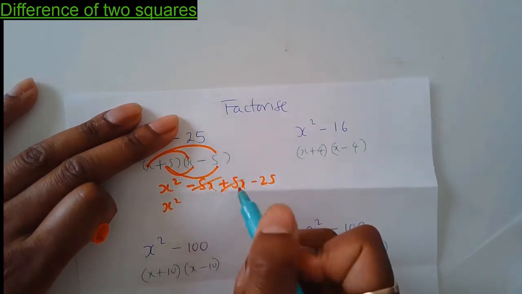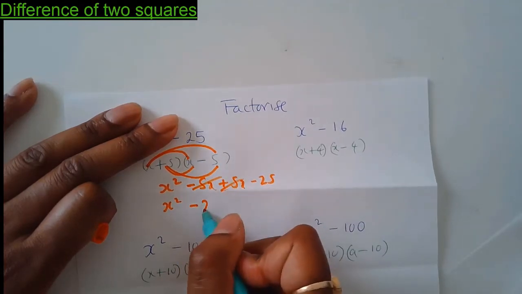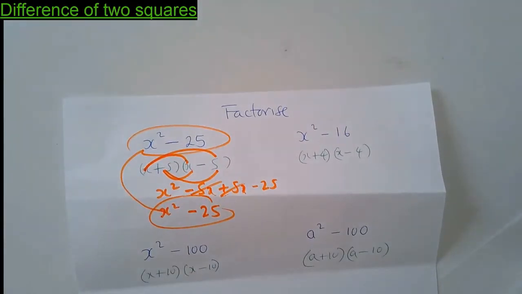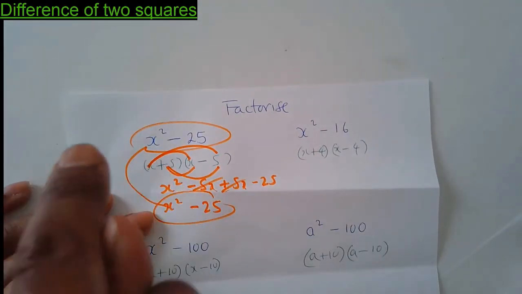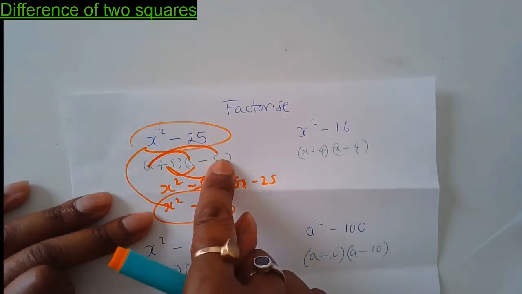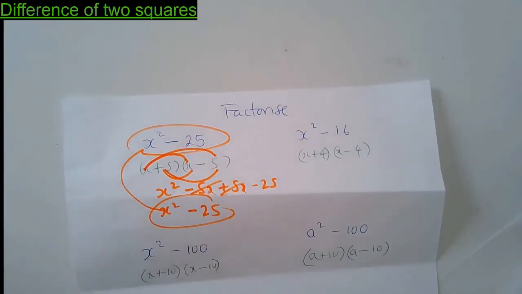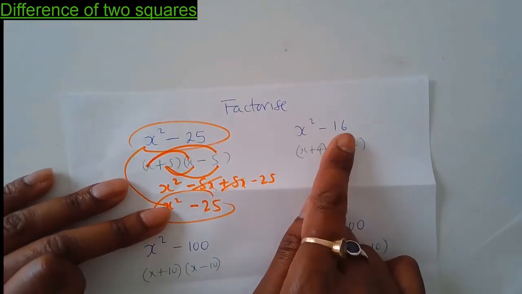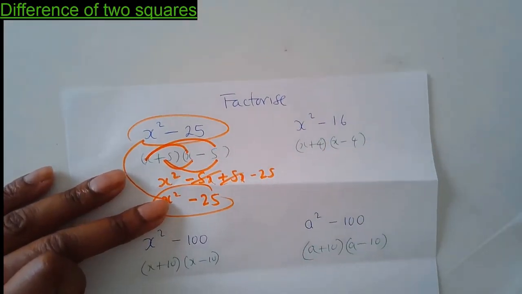They cancel out. You're just left with that, minus 25. Look, that is what I had there to begin with. So when I factorized this, that was correct. You just need to be able to recognize when it's difference between two squares. Then you can apply this method that I've been using in this video.